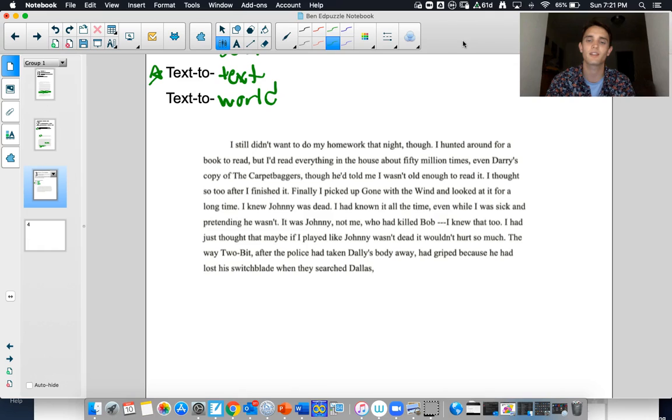So we're not going to read any further. In here, they do mention two different books, but one is a little more significant than the other. The one they mention just once, in a quick once-over, is The Carpetbaggers, but what they mention a lot is Gone with the Wind.